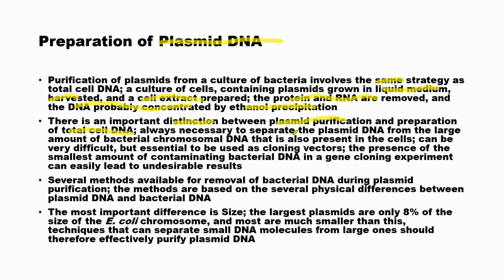It is always necessary to separate the plasmid DNA from the large amount of bacterial chromosomal DNA. Very, very important. It is difficult, but essential to be used as a cloning vector. If we have to use plasmid DNA as a cloning vector, we have to make sure that our preparation does not have any chromosomal DNA contamination.